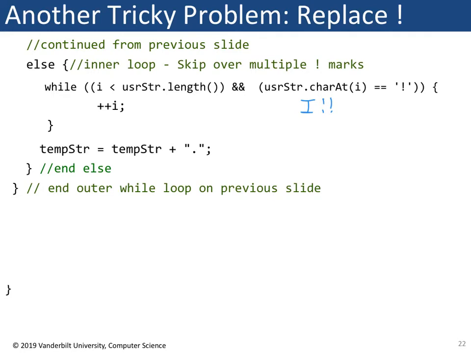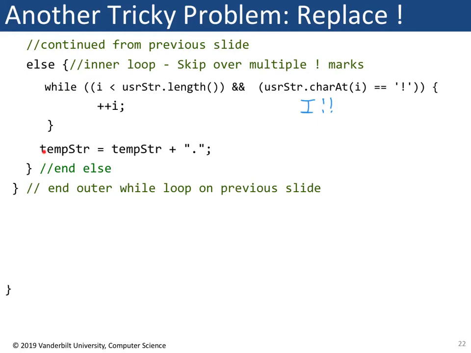Now, we will again check to see if we are less than the length of the string and if we are equal to an exclamation point. At this time, we will find that when we increment, we are no longer less than the length of the string. So our while loop will terminate.